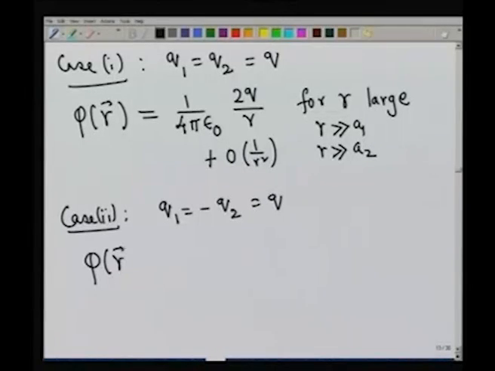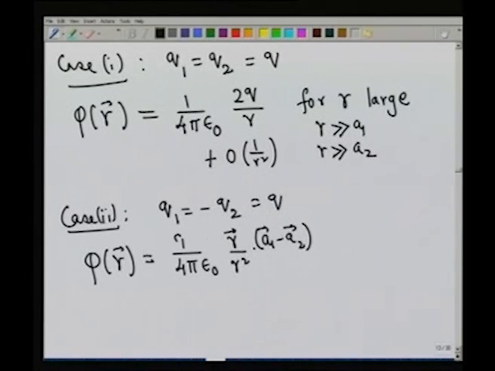Now my phi of r has the character 1 over 4 pi epsilon naught. What is it that I wrote? I wrote r divided by r square dot Q1 A1 plus Q2 A2, which will be the same as A1 minus A2 into Q. So let me put my Q here.